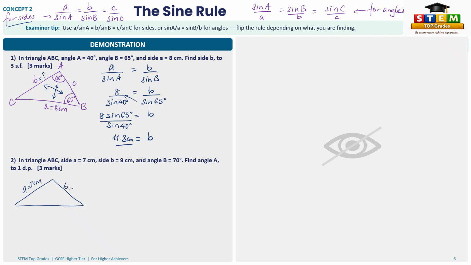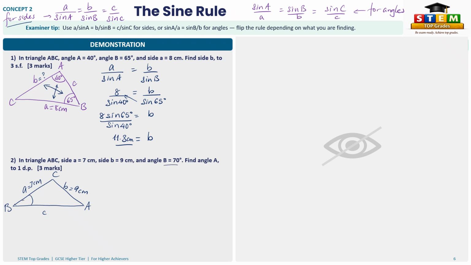So B equals 9 centimeters, and C, we don't know about C. So we are not putting a question mark there because we're not looking for it. Okay, and remember, uppercase letters opposite the lowercase letters, and then that will be capital C and that will be capital B. Okay, so C is not required.